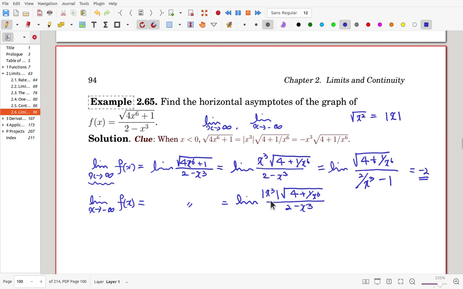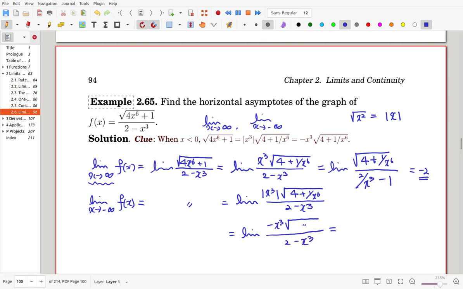Now, once x is negative, then you have to make a reflection, which means that that portion is, in fact, minus x cubed. So we can write once more the limit. Okay, that is minus x cubed, and the square root of the same inside of this radical, divided by 2 minus x cubed.